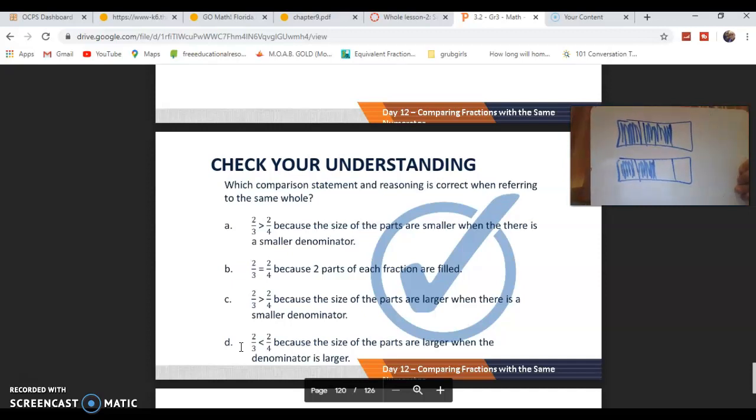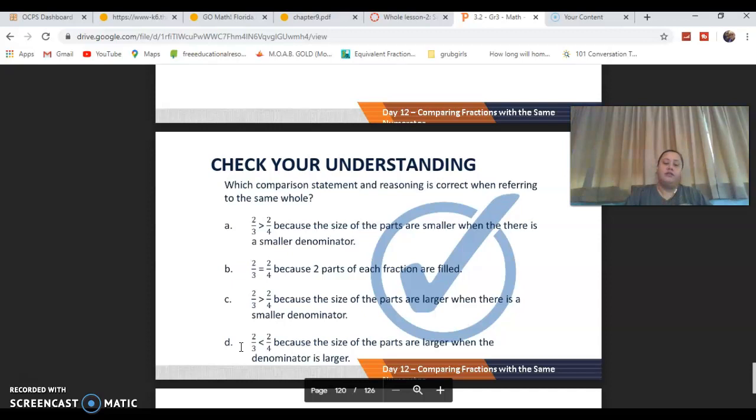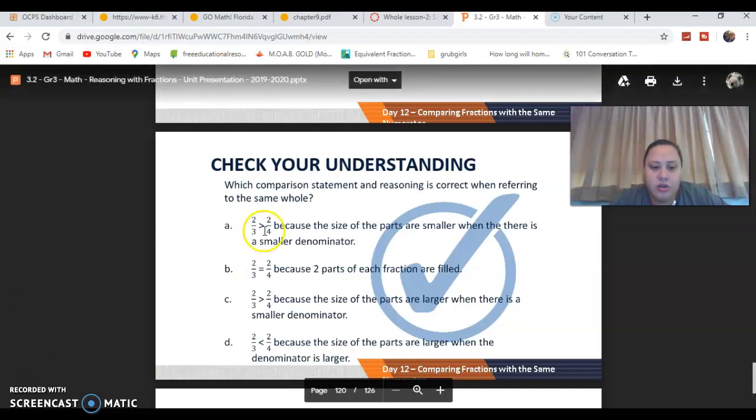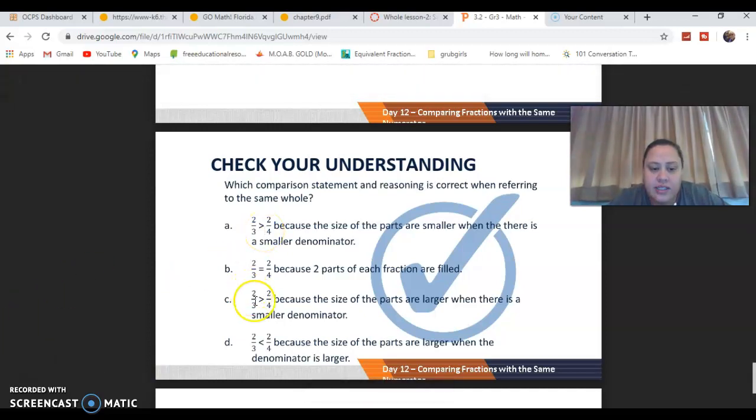Top one is 2/3, bottom is 2/4. We can obviously see 2/3 is greater than 2/4. So we have 2 options left because only 2 choices say that. Choice A says 2/3 is greater than 2/4, and choice C says 2/3 is greater than 2/4. So now we have to read on in the sentence to see which is our correct answer.